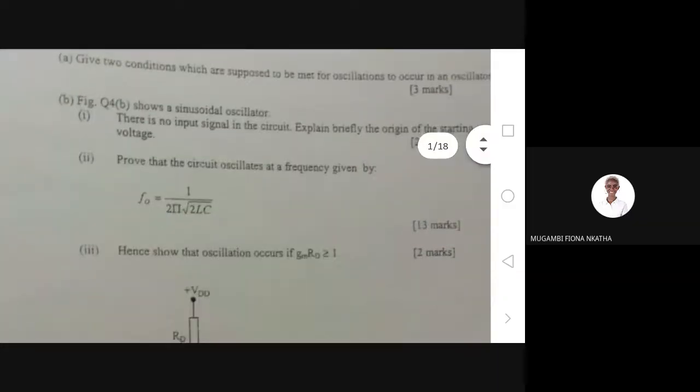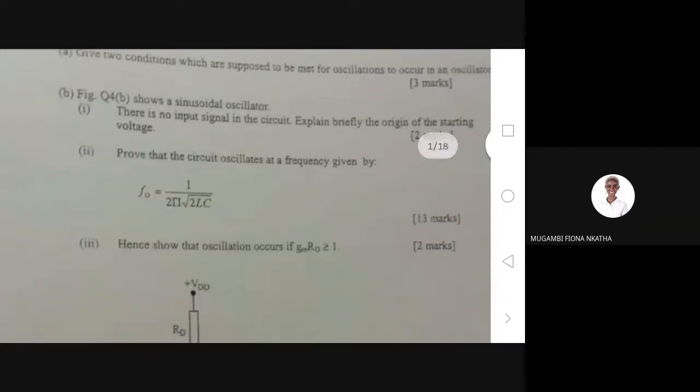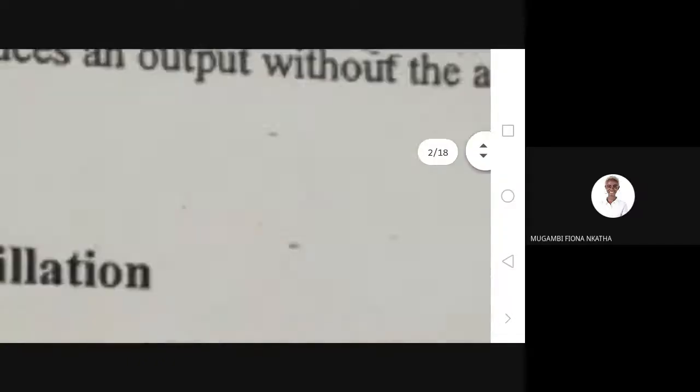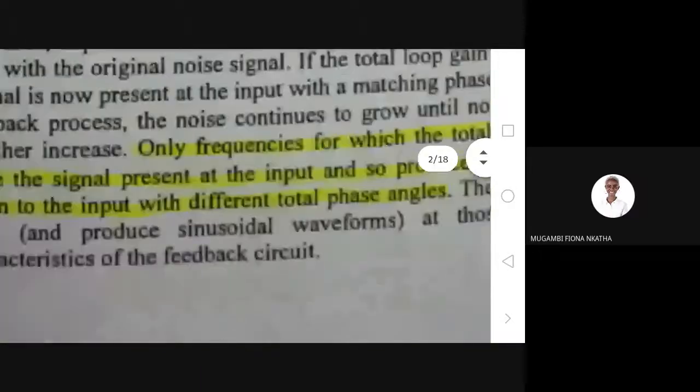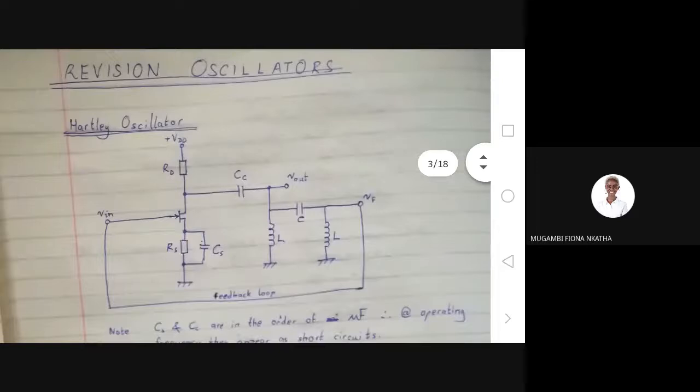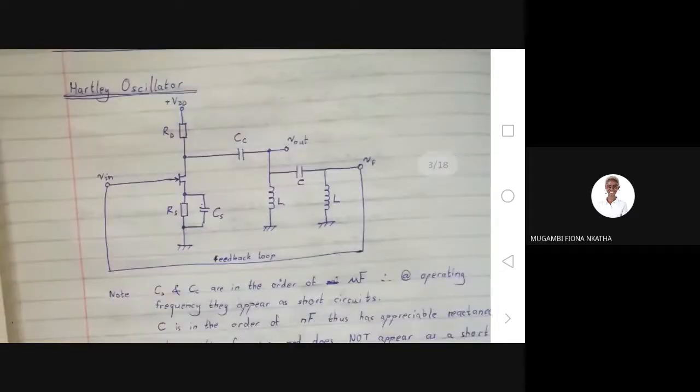Then prove that the circuit oscillates at a frequency given by that, and hence show that the oscillation occurs if GMRD is greater than or equal to 1. So that's what I have here, the Hartley oscillator. This is just drawn differently, but it's more or less the same thing.